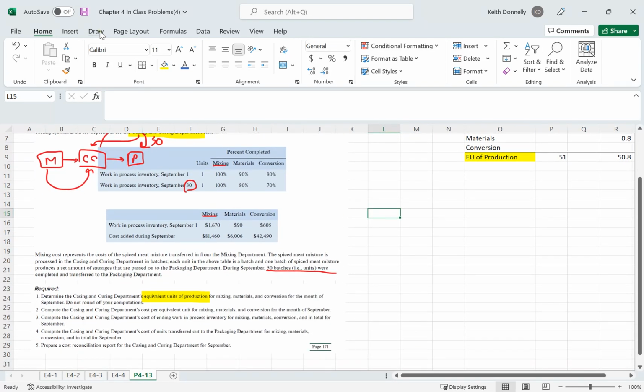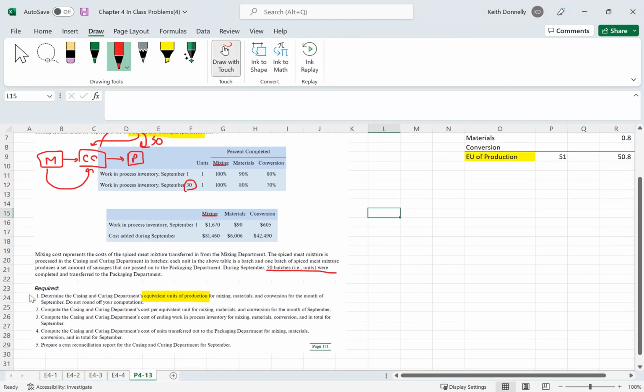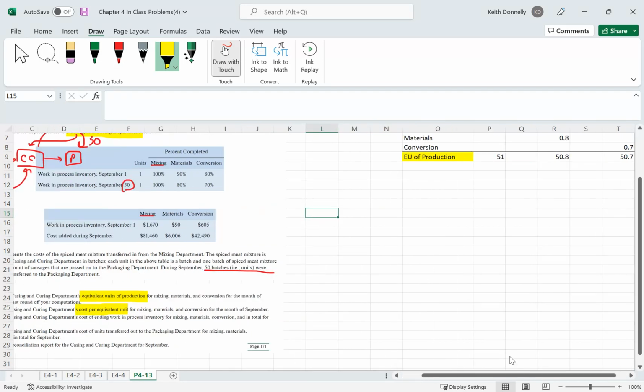So we can put the check mark here next to 1. Took care of that. 2 says, can you please compute the casing and curing departments' cost per equivalent unit for mixing, materials, and conversion for the month of September.